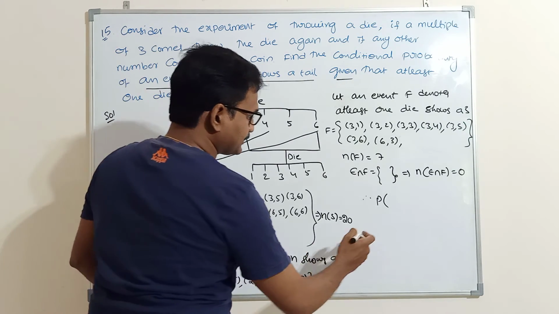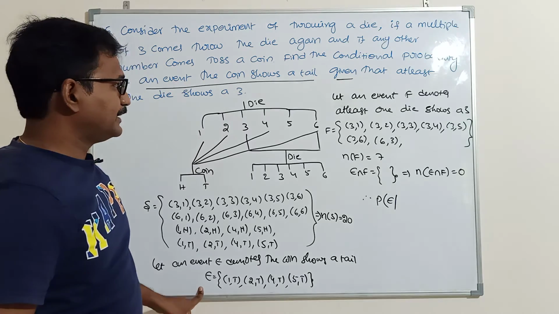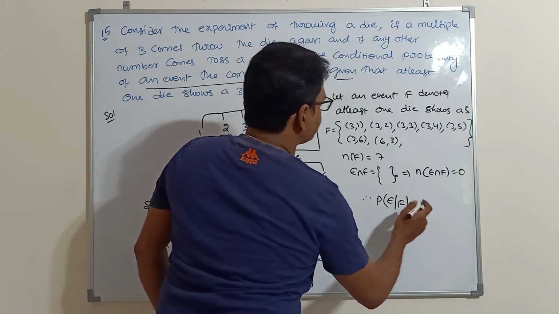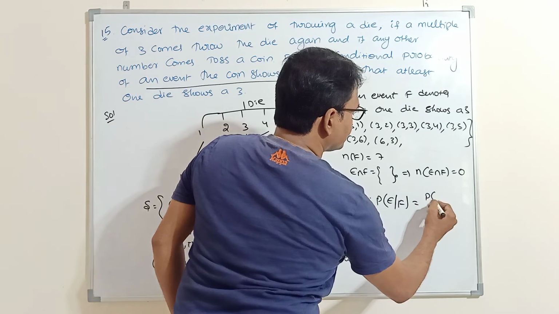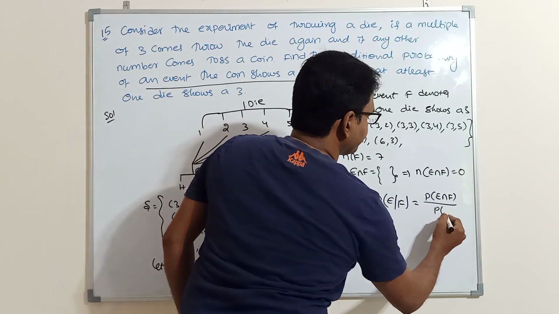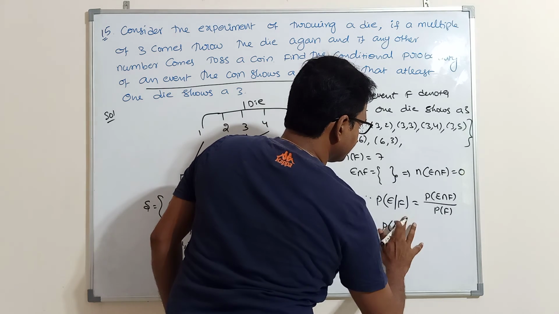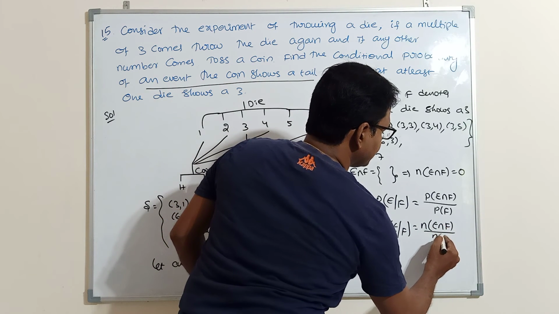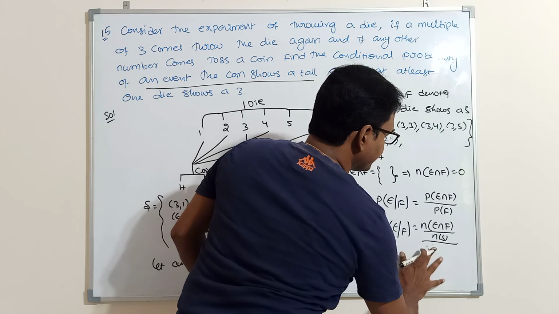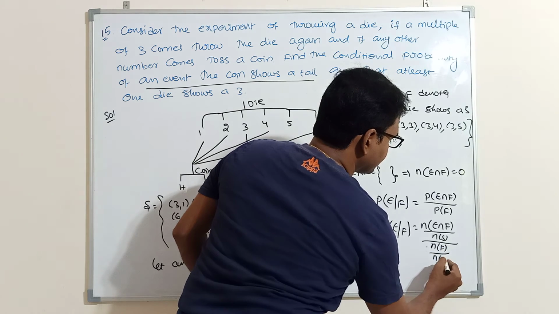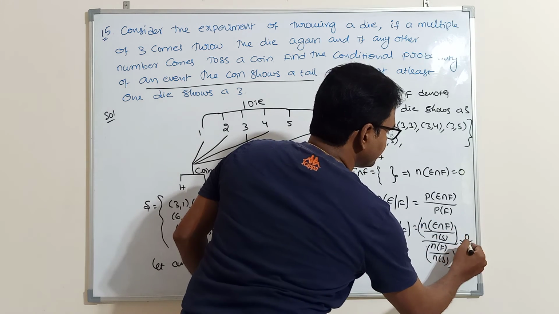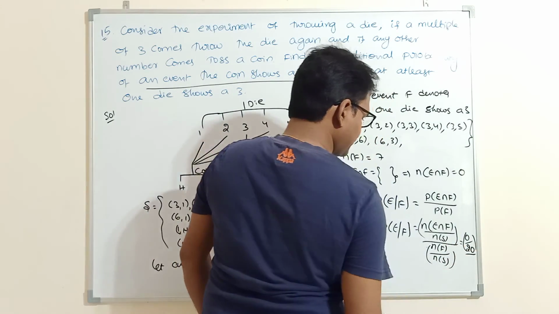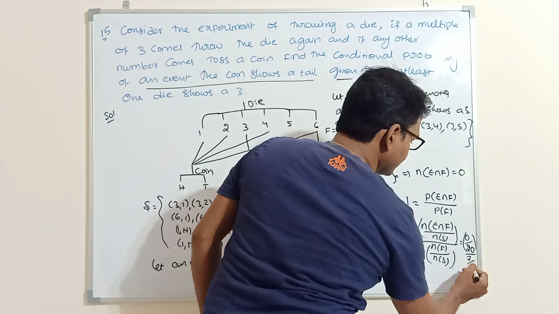Event E denotes the coin shows a tail, given that at least one die shows 3, which is F. P of E given F is equal to P of E intersection F by P of F, which is N of E intersection F by N of S, divided by N of F by N of S. So here 0 by 20, divided by 7 by 20.